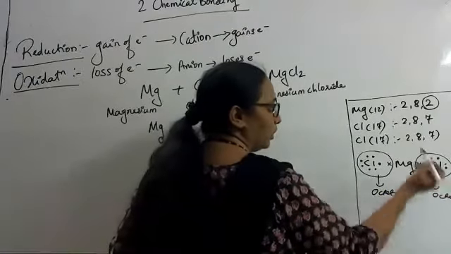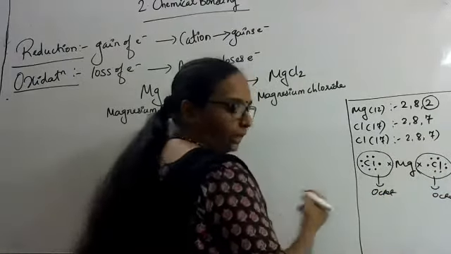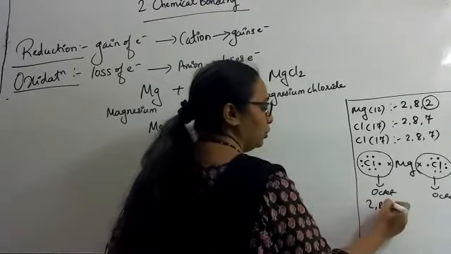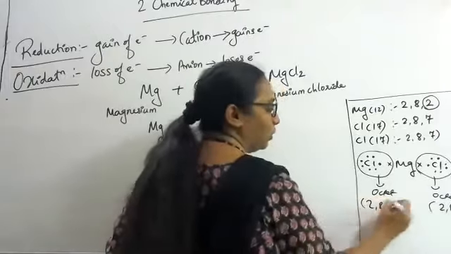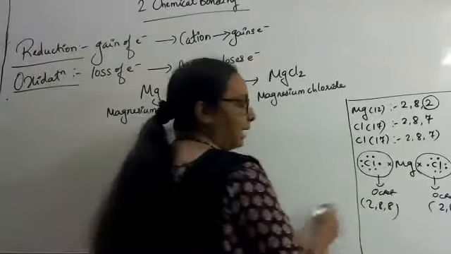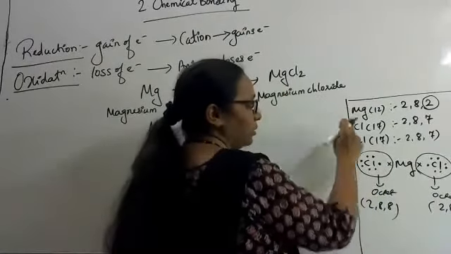Both the chlorine atoms, after accepting the electrons, will become 2, 8, 8. Here also 2, 8, 8. And what about magnesium?